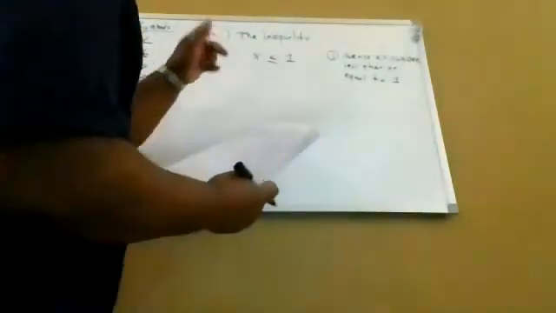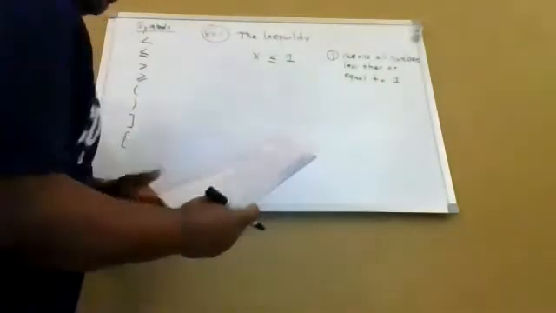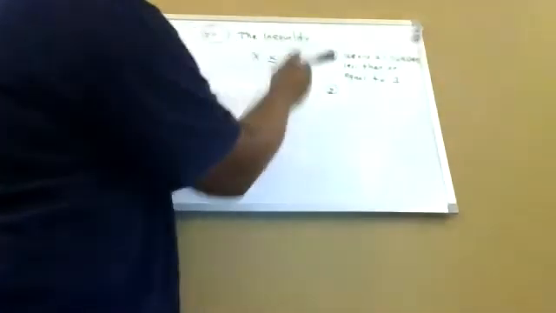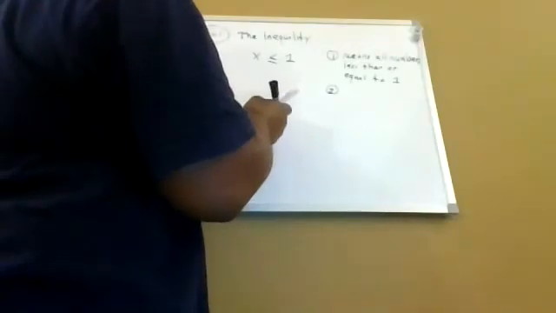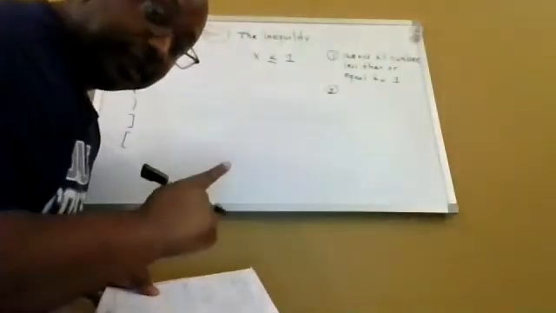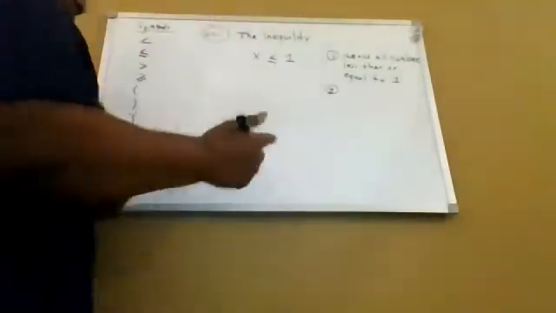And we'll show that when we get to the number line portion. Number two, this inequality means we're going to shade in all the numbers to the left of the number one on the number line.